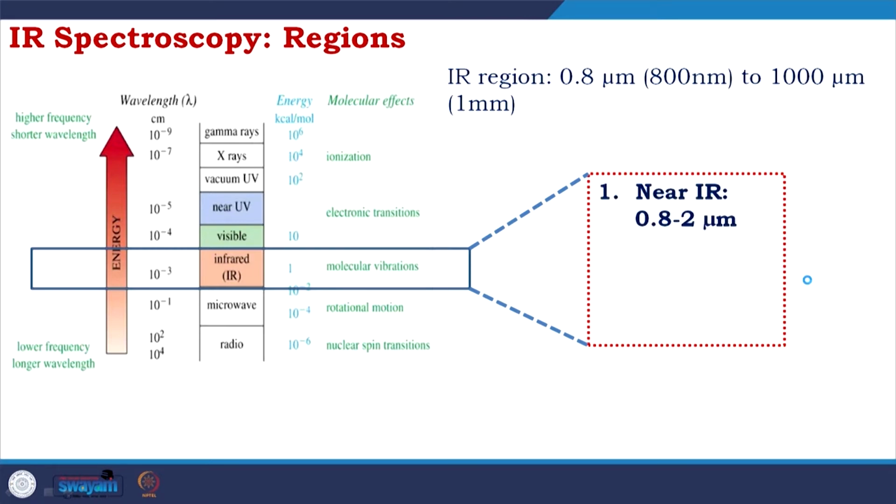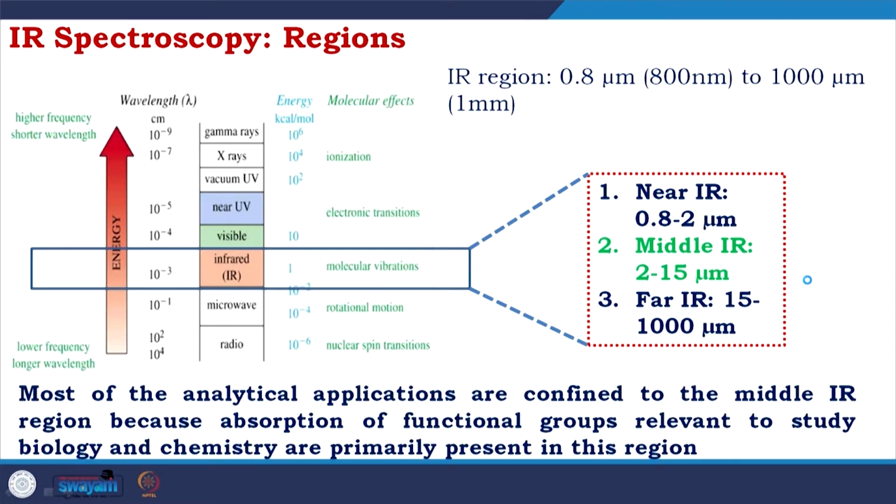One is near infrared, which is 0.8 to 2 micrometer, middle infrared, which is 2 to 15 micrometer, and far infrared, which is 15 to 1000 micrometer. Most of the analytical applications are confined to the middle infrared region because absorptions of functional groups relevant to the study of biology and chemistry are primarily present in this region.